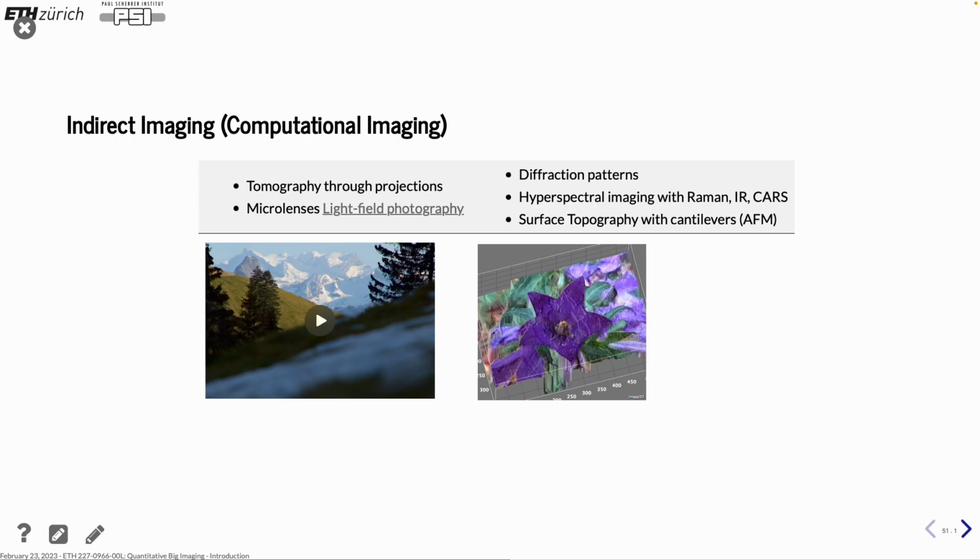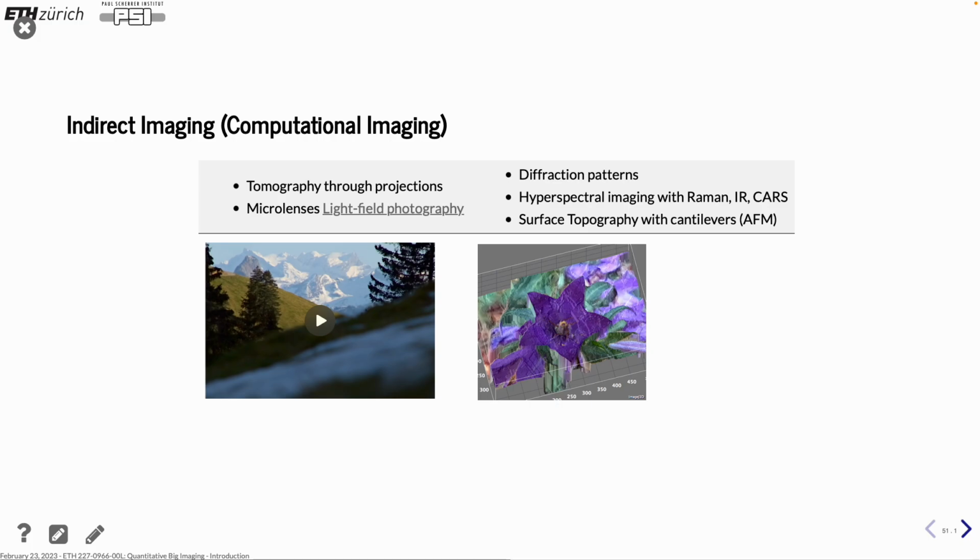And with indirect imaging, here you have different examples. One is tomography, where you do a lot of radiographs around the sample, and then in the computational step you can reconstruct the three-dimensional volume. Or you can also look at hyperspectral imaging or light field photography.